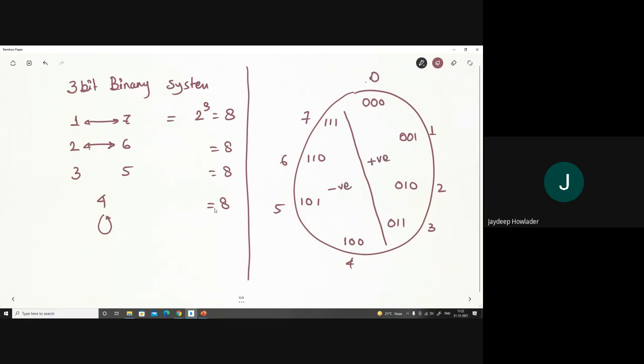Now we find that they are complements. This one is complement to this one, and this one is complement to that one. And this is basically a self complement, and 0 does not have any complement. So 0 stands alone as an independent item, and 4 is complement to itself. Understand? Clear? Do you get this point?